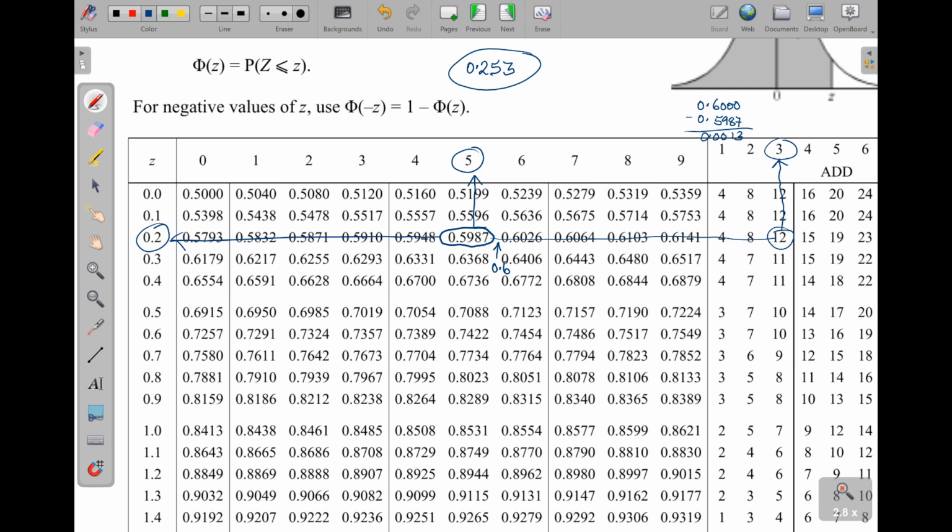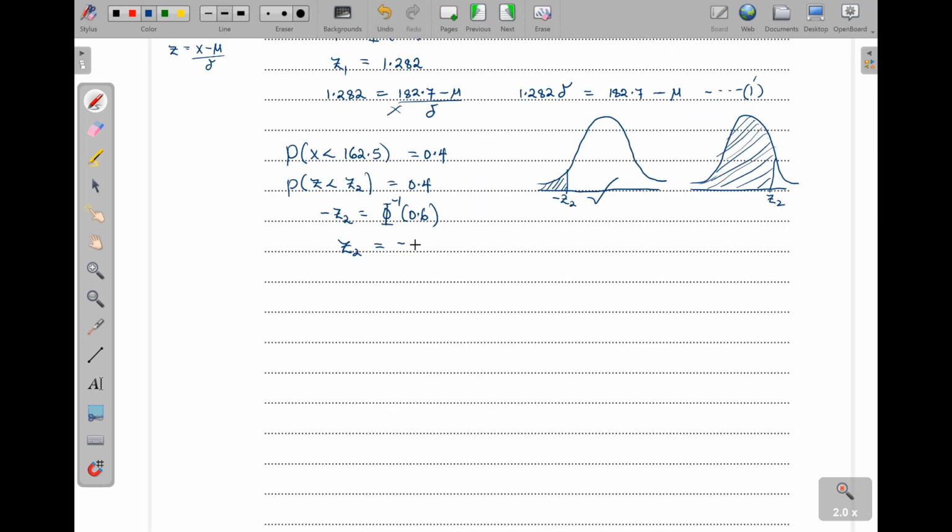So I can now go back. So z2 is equal to negative 0.253. Now again, so we shall write negative 0.253, which is equal to your x, and the x here is 162.5. Then we shall subtract the mean, which we are looking for.